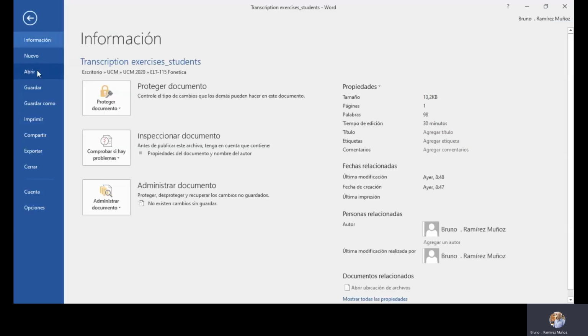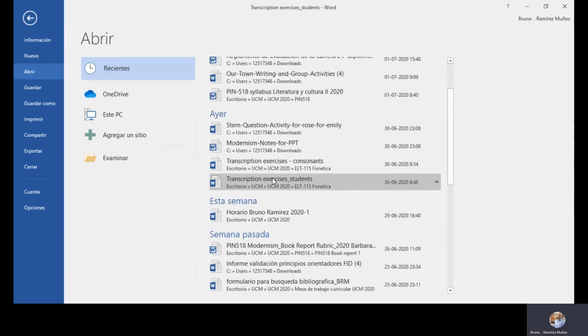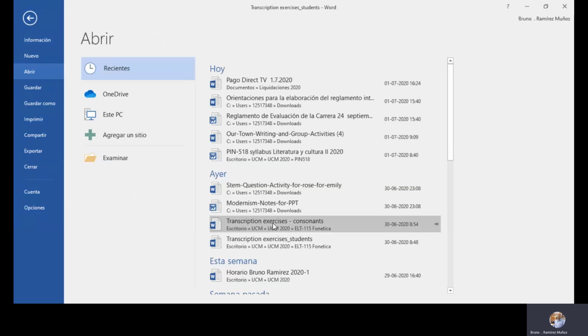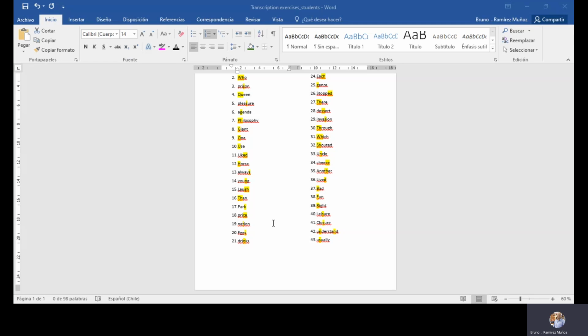So I'm going to open up the file with the answers. Here we go. In the first one we have the word jumped, which is the initial consonant sound here.